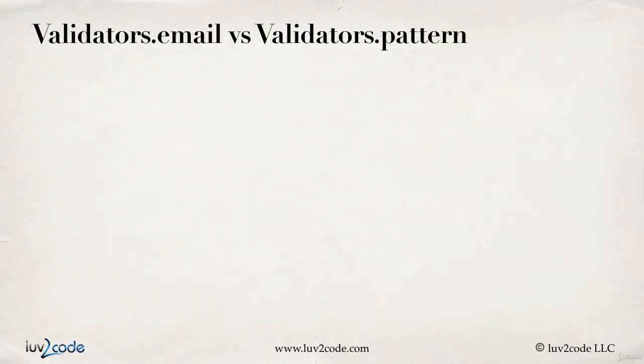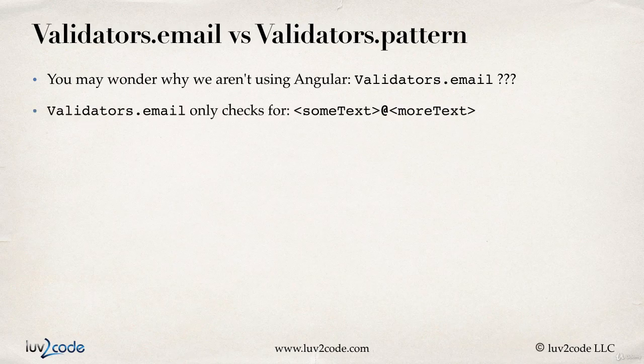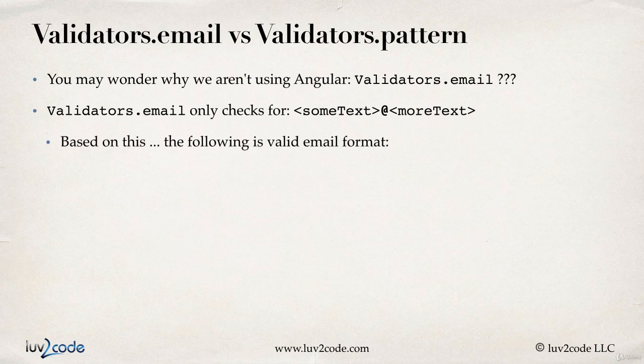Now you're probably wondering, why aren't we using Angular's built-in Validators.email? Well, Validators.email only checks for some text at more text or whatever. Based on this, the following is a valid email format: Anil@LoveToCode or Anil@Gmail. These are valid emails based on Validators.email.